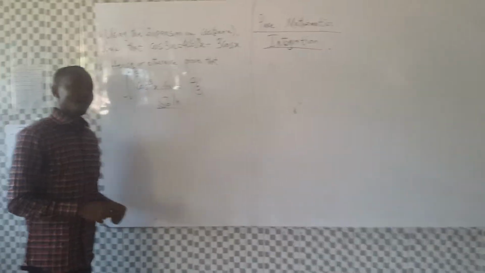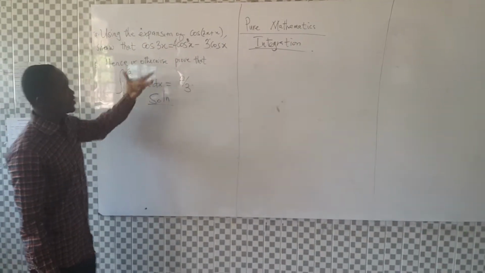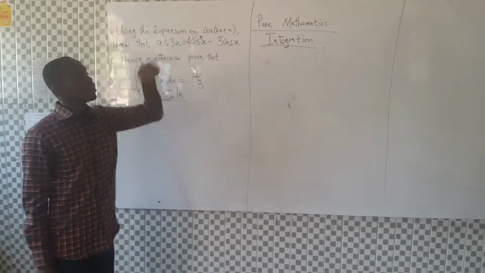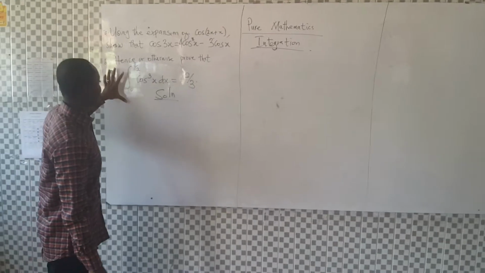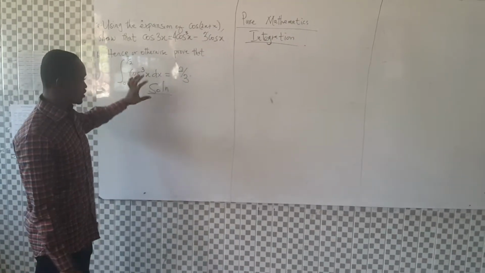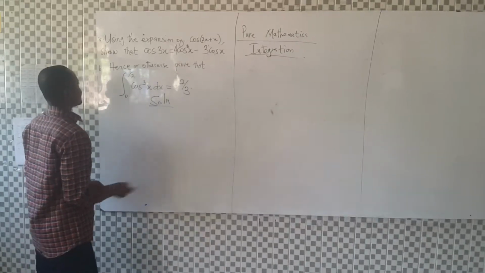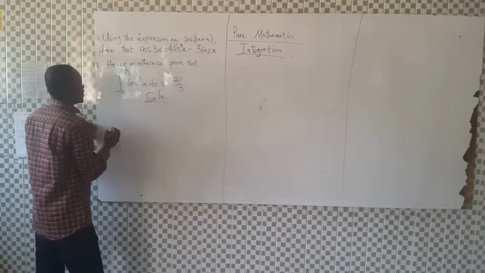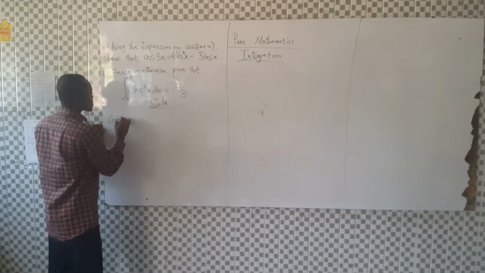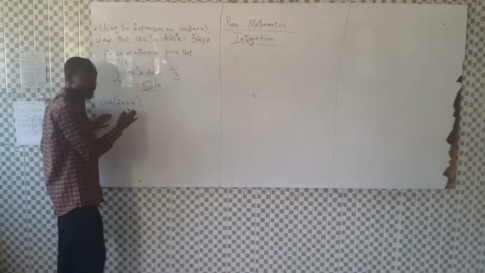Now, you need a firm foundation of trigonometry, especially compound angles and double angles, and then you need another skill, which is integration, to be able to prove this. Now, let's start with the big part. We know that cos(2x + x) is a compound angle.